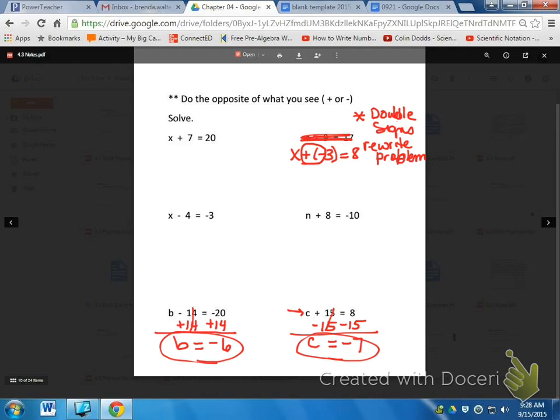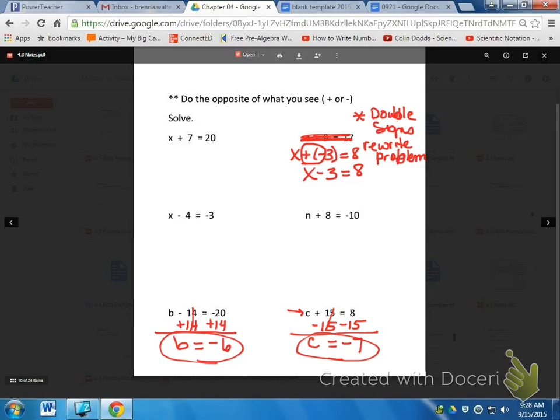What does that really mean? Minus. So you need to take that problem and actually write this. X minus 3 equals 8 and go from there. Do not try to solve these with double signs. That would be way too confusing. So change those to one single sign as you're writing them on your paper from the screen.